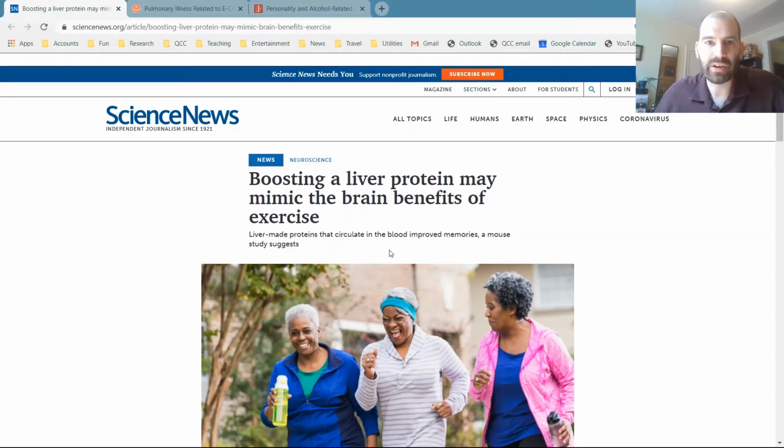So here's an article I found on Science News, and I think we can get the gist of it just by reading the title. It says, boosting a liver protein may mimic the brain benefits of exercise. There have been a number of studies that have indicated that exercise can improve brain function, especially in older age.